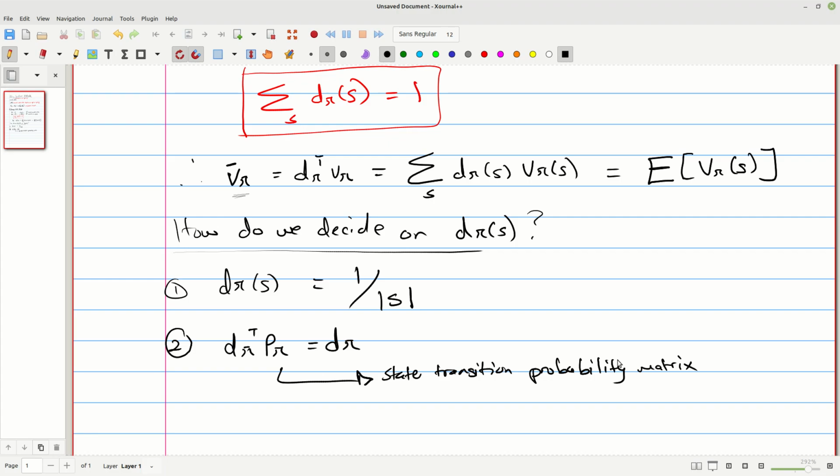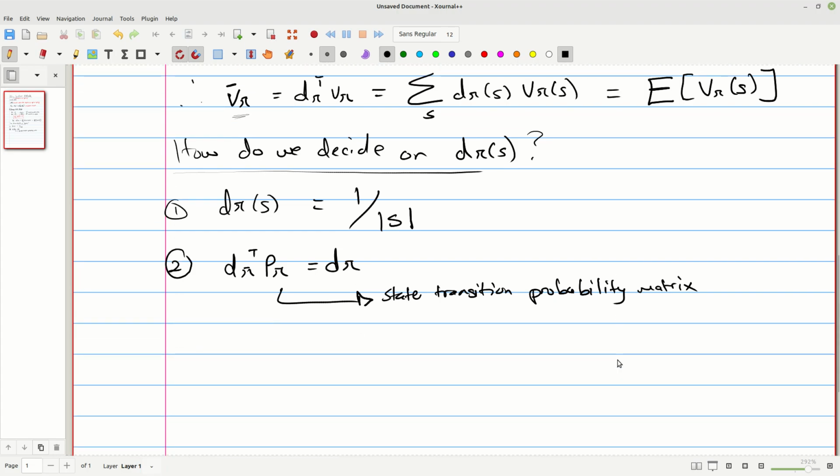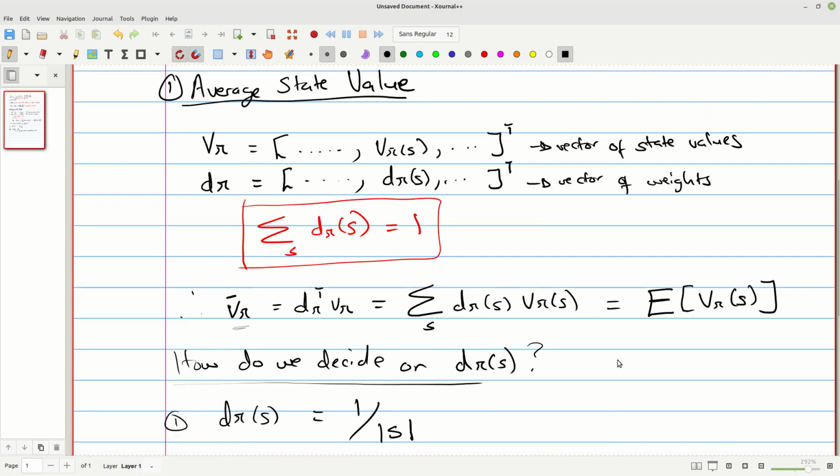What that means is that if one state is visited frequently in the long run, then it is more important and deserves more weight than less visited states. Right now, I just want us to focus on the objective, which is that we want to maximize some metric, and how we actually go about doing that.